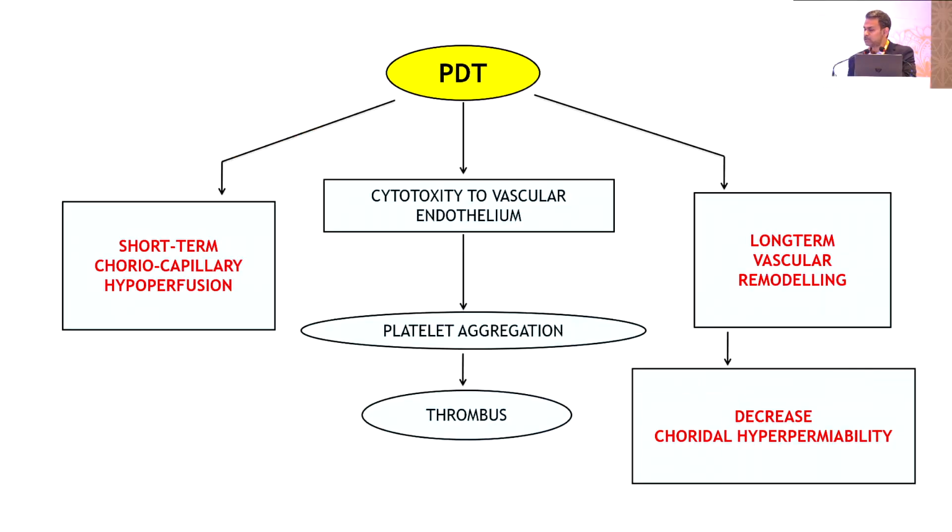So coming to the next modality, especially for chronic CSC, the gold standard is PDT, which causes a short-term choriocapillary hypoperfusion, but in the long term, in 90% or more of patients, it causes long-term vascular remodeling, thereby decreasing the choroidal vascular hyperpermeability and no more recurrences.